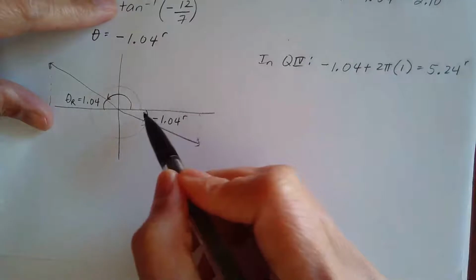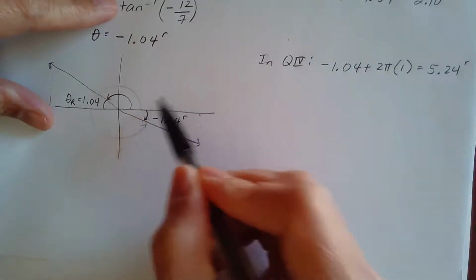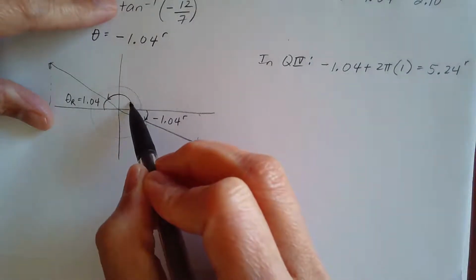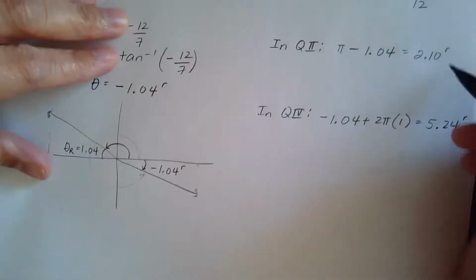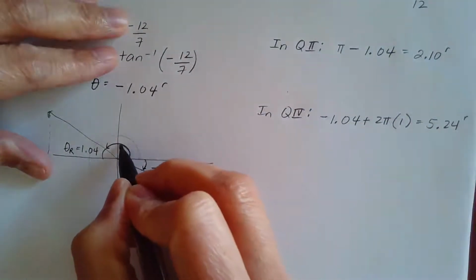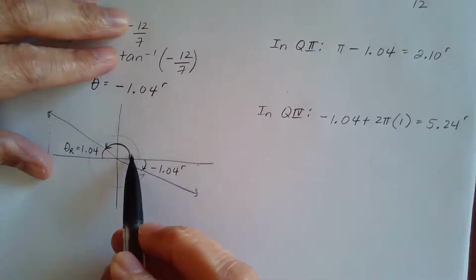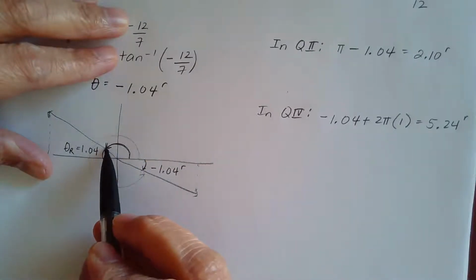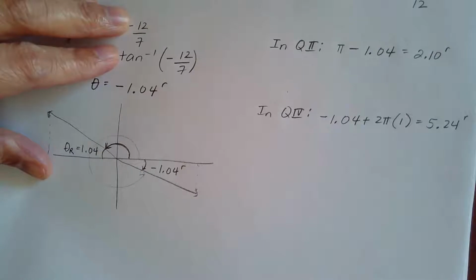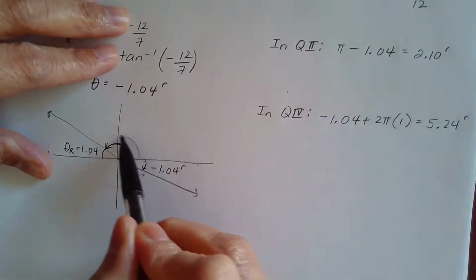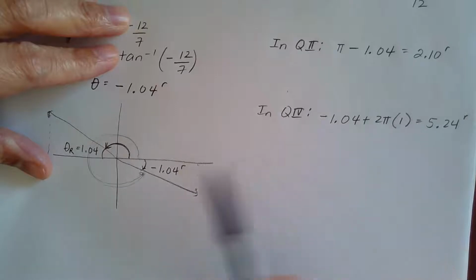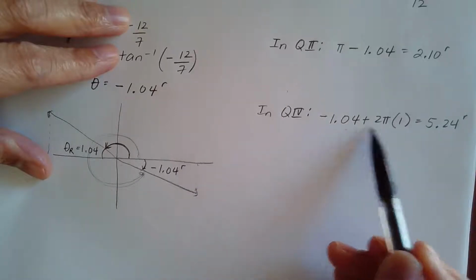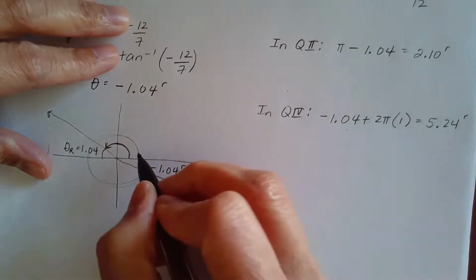So we have radians going this way. From here to here, that's a positive 2.10. Now to go from here to here is negative 1.04 plus 2 pi, which is 5.24.